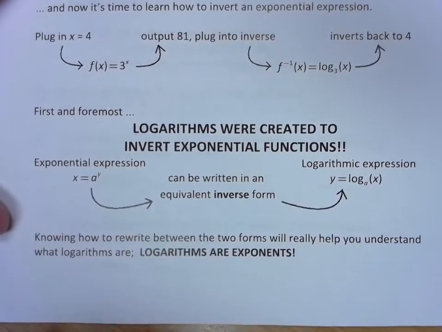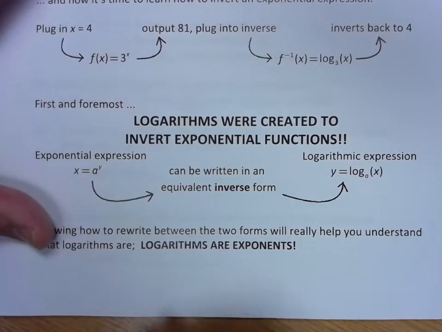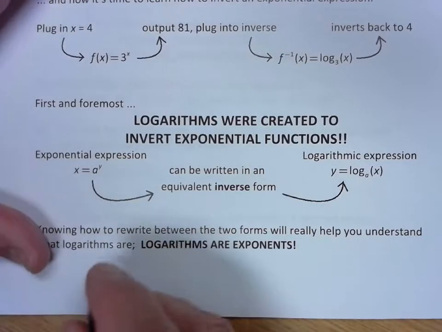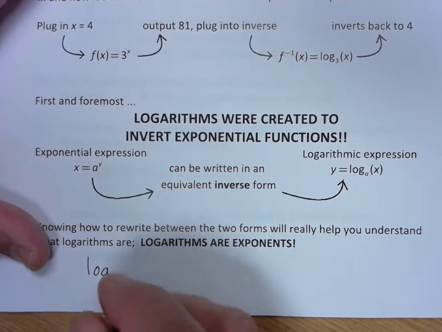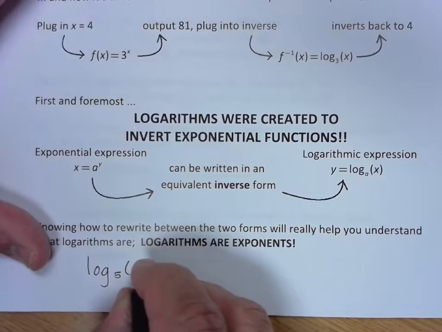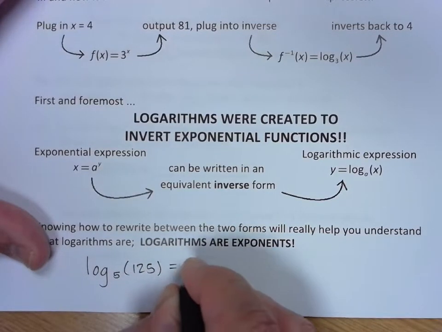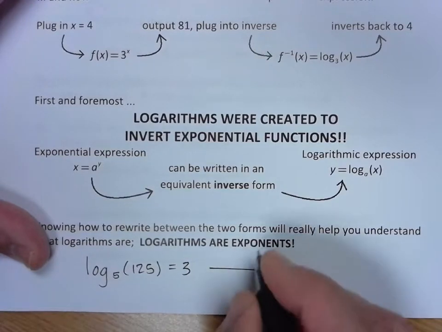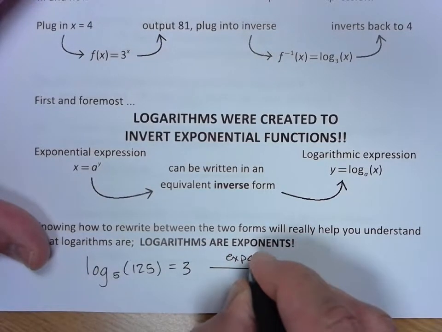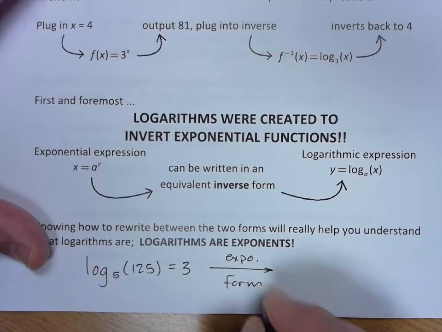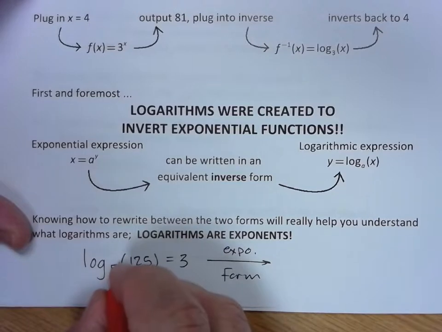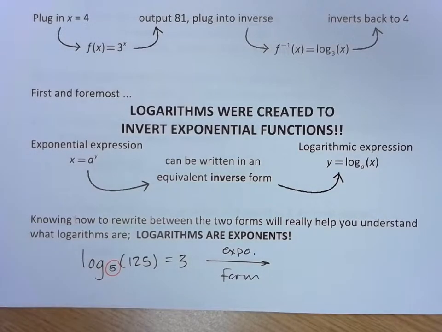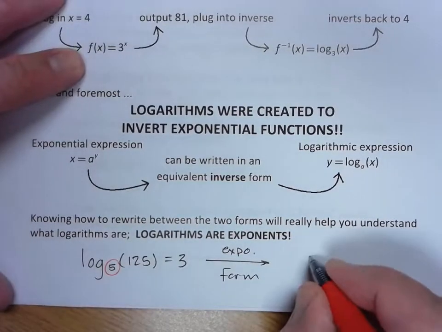Let me show you something that my algebra teacher told us whenever we were converting from log form to exponential form. We would write a logarithm expression like, let's say, log base 5 of 125 equals 3. And if we wanted to convert this into exponential form, what Mrs. Aaron taught us was to start with the base number here and realize it becomes the base of your exponent in the exponential form.